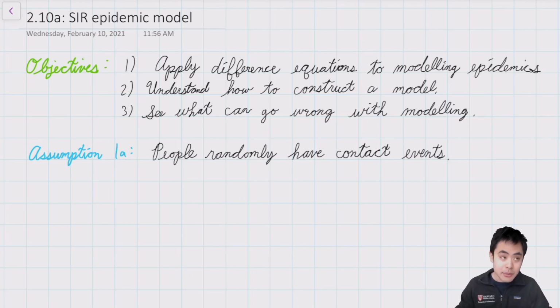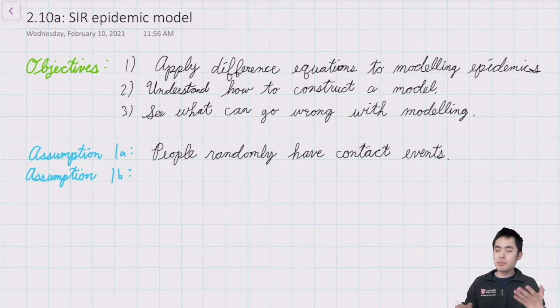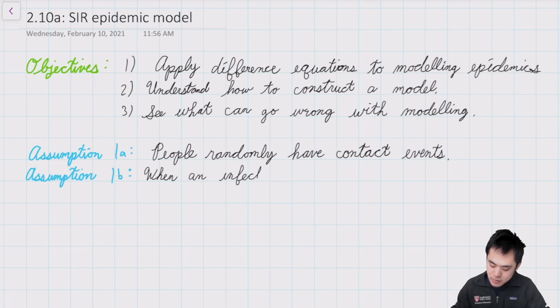And let's go ahead and give assumption 1B, which is that when an infected individual contacts a susceptible person, there is some chance of infection. Let's use individual, I think that's more standard.